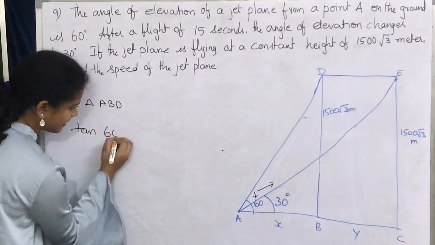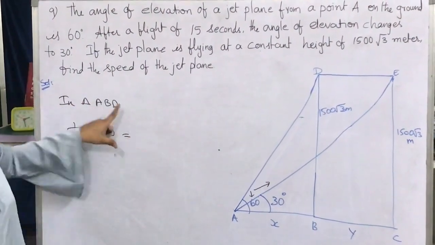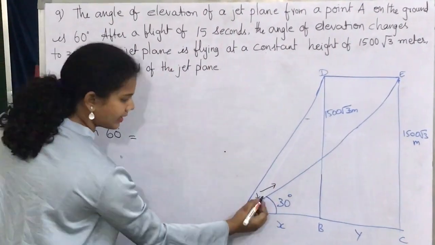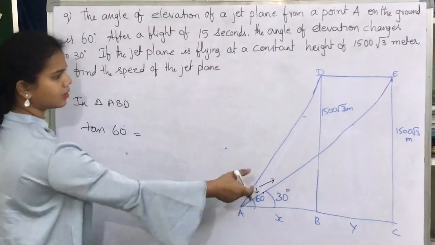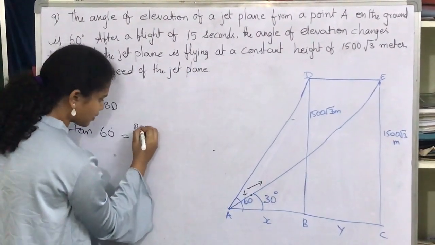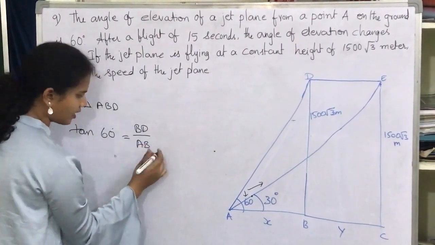Tan relates the opposite by the adjacent side, so we can write tan 60 degrees, as I have considered triangle ABD. Now tan 60 degrees is the opposite side to the angle A, which is BD, by the adjacent side, in the given figure AB.